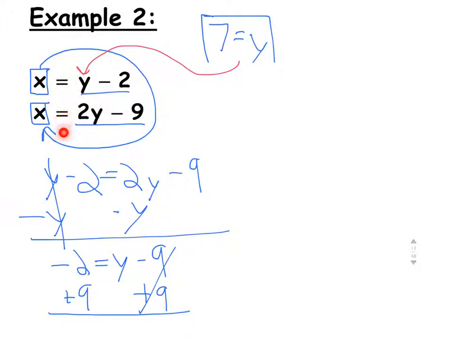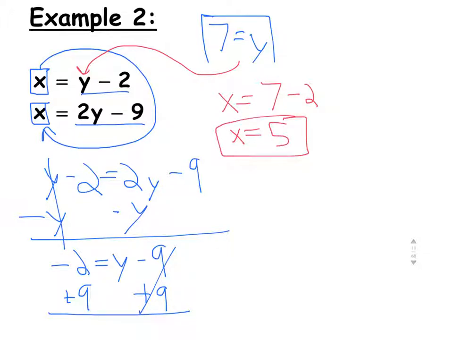In the second equation, I'd have to multiply by 2. Not that multiplying by 2 is really difficult, but this one is still easier. So x equals y, which is 7, minus 2, which we know is 5. And so my final answer, as an ordered pair, is 5, 7.